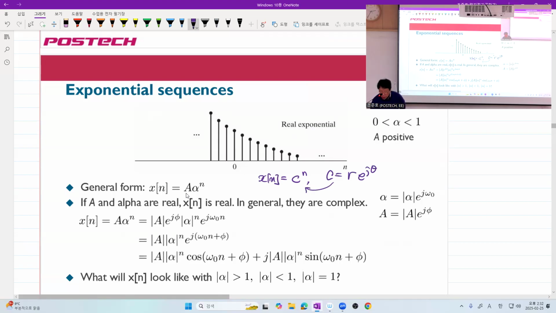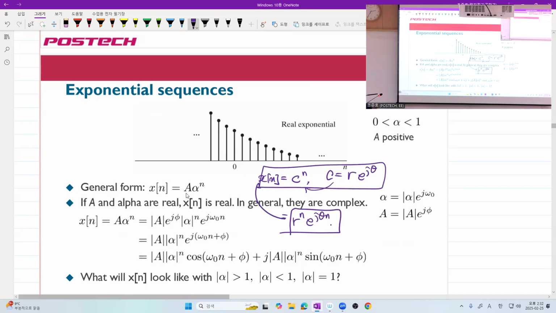In that case, if you plug in here, then you have r to the n and e to the j theta n. This is the way to rewrite any exponential function, especially for real exponentials. You will find that you have not only one term, but also two terms of these things. So the link between the complex exponential and the real exponential is what? Euler's identity.